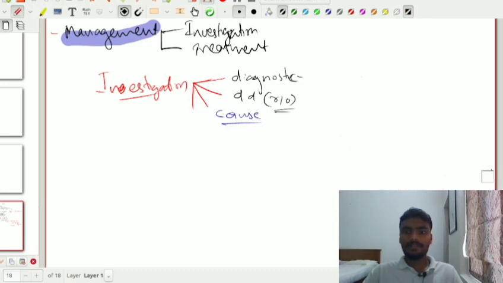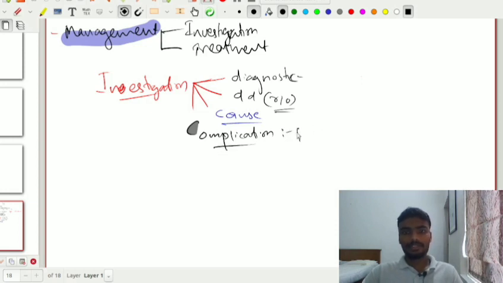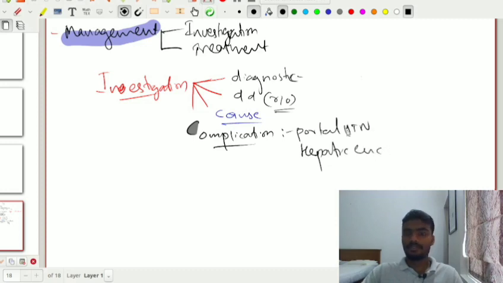Then the fourth component is to rule out complication of that condition. Suppose you are dealing with a chronic liver disease. The complications associated with that are portal hypertension, right? Then hepatic encephalopathy. These are the complications which can arise in a chronic liver disease patient.